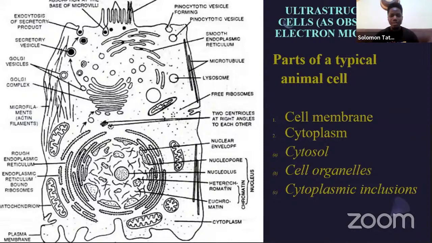We have heterochromatin, or chromatin, and euchromatin, which all make up the nucleus.